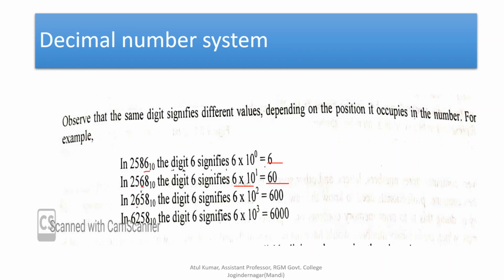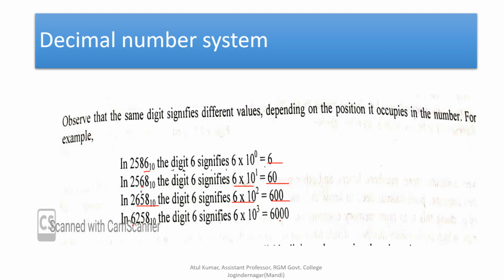In the third example, the position of 6 is at hundreds place, so its value is 6 into 10 to the power 2, that is 600. In the fourth example, the position of 6 is at thousands place, so its value is 6 into 10 to the power 3, that is 6000.